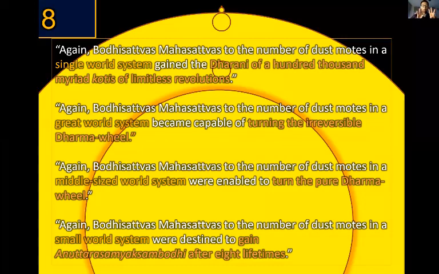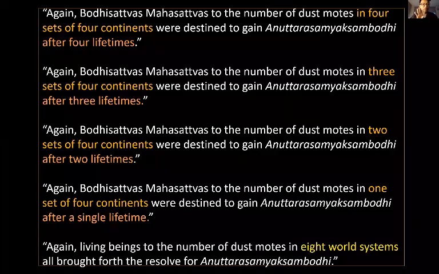And remember we were saying that a set of 4 continents is one world. This one world has 4 continents in it, so when we say 4 continents, it actually refers to one world.